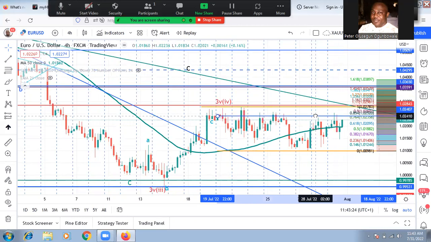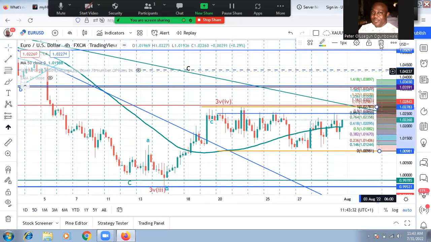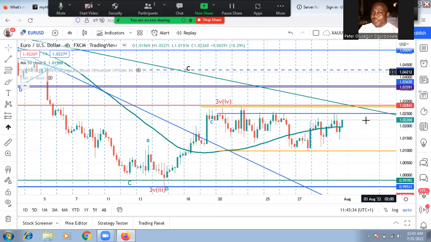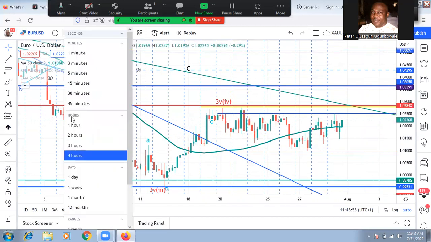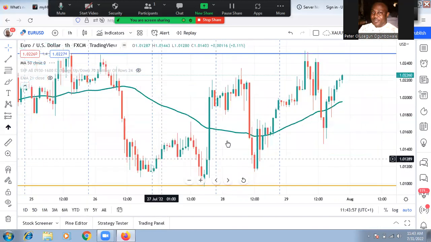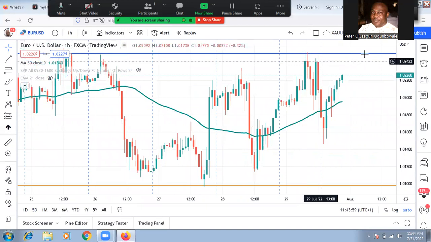I might just put an entry to sell here. If I put a sell in that zone from tonight, that is a sell at 1.02513. And if you look at it on a 1 hour time frame, that is where I might want to sell.